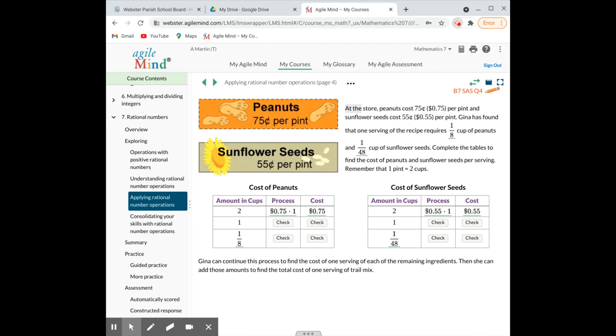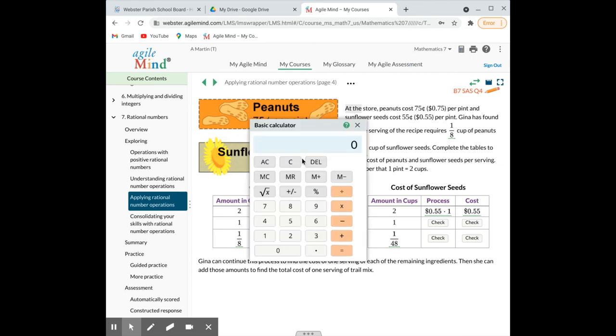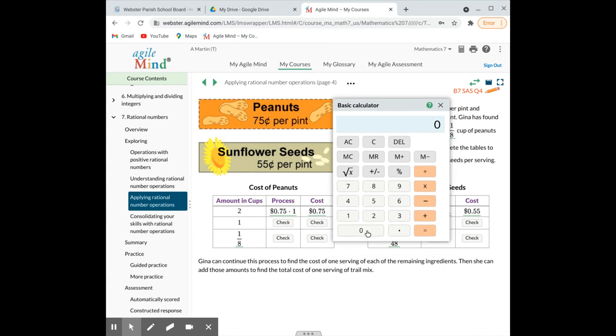All right, let's take a look at this. Miranda, what do you think we're going to have to do to go from 2 cups to 1 cup? Lainey, what do you think? Yeah, we'll just divide. What am I dividing? 0.75 divided by 2. Good.